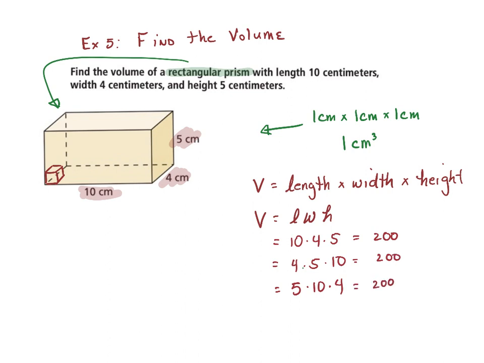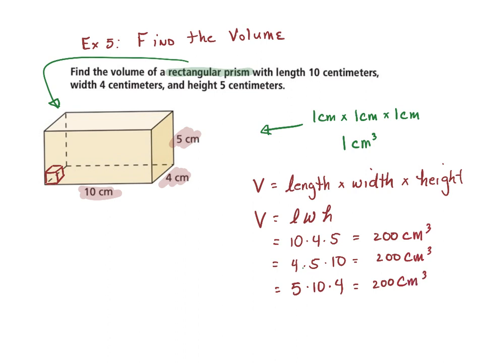Now we do want to put units on this. Because each dimension was in centimeters, we've essentially multiplied centimeters here, 10 centimeters times 4 centimeters. Well, centimeters times centimeters, that's like a centimeter squared, times another centimeter. And so it's 200 centimeters cubed.